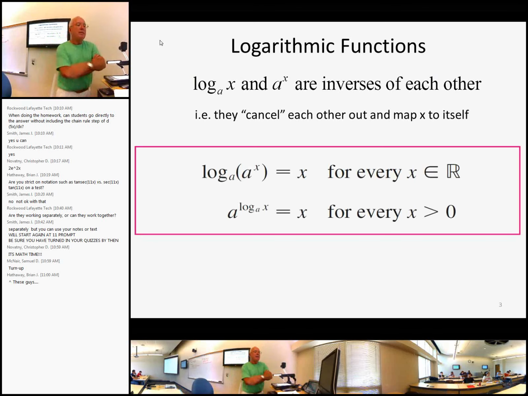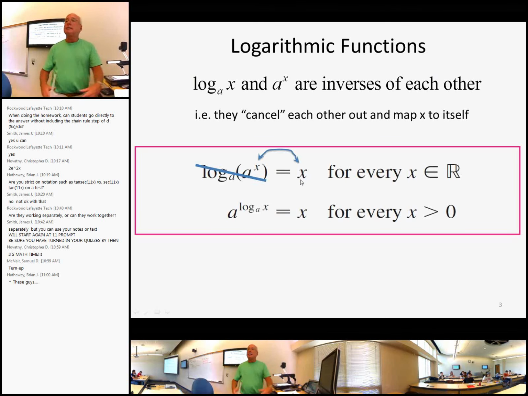So we have these equations here: when we apply the log function to the exponent function, all we get is the x back. In other words, it's as if we're canceling out the exponent and log here. All we have is the x on one side, so that's what we have on the other side.